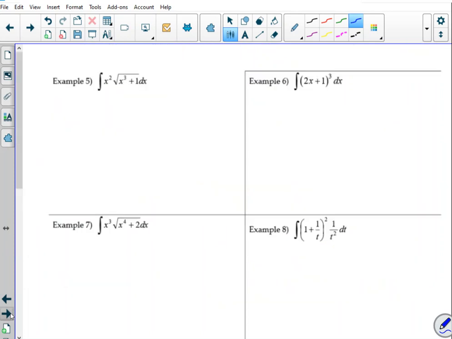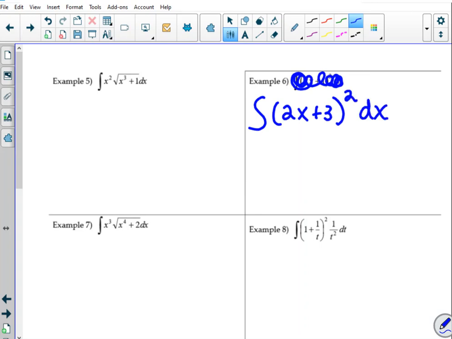Go to example 6, but here's what I want you to do. We're going to actually change example 6, so it's not the problem that's there. It's going to be the problem that we started class with, the 2x plus 3 quantity squared dx. Try that one with a u substitution.